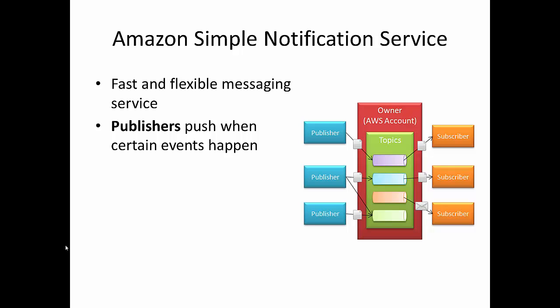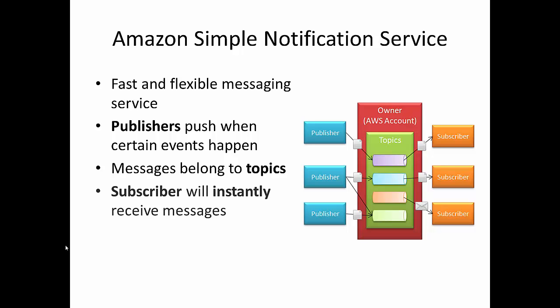For example, a publisher in an auto-scaling group is the actual scale-in and scale-out rules, or these alarms that get triggered during a scale-in or scale-out rule. They can be publishers in AWS. Messages will have to be sent to an SNS topic, and any subscriber to an SNS topic will instantly receive a message. This can be typically done through SMS or emails.